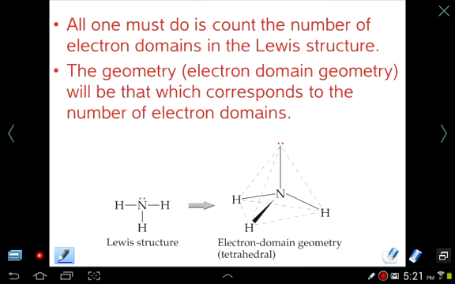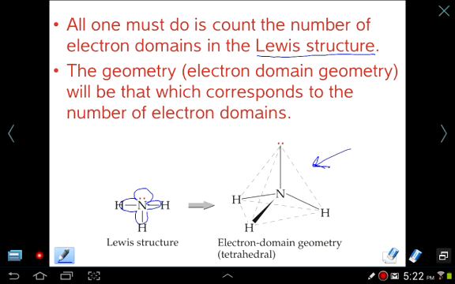So the way to count how many electron domains we have is to first draw the Lewis structure, and then the geometry that will determine the electron domain will be the one that corresponds to that many electron domains. So for example, if you take a look at the Lewis structure of NH3, here we have 1, 2, 3, 4 electron domains, and in 3 dimensions 4 balloons will arrange themselves in this way.